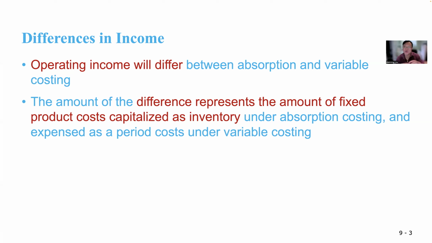The difference between the operating income figures under the two costing methods is equal to the amount of fixed product cost capitalized in the ending inventory. This will be more clear once we use one example.